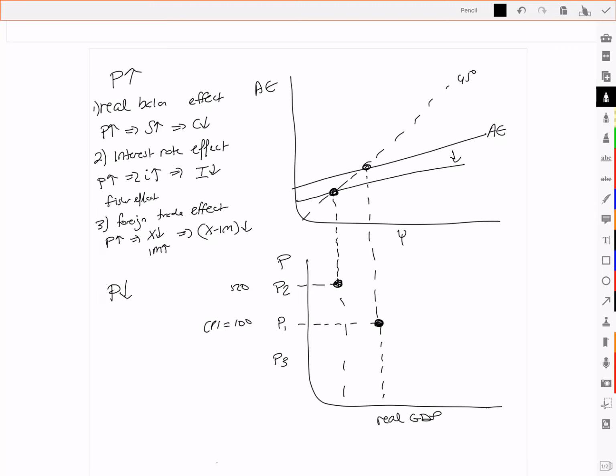According to the interest rate effect, if the price goes down, then according to the Fisher effect, the interest rates go down, and that's going to make investment spending go up. If prices go down, then Canadian goods are now cheaper. Other countries will buy more of our stuff, so exports will go up, and imports will go down.